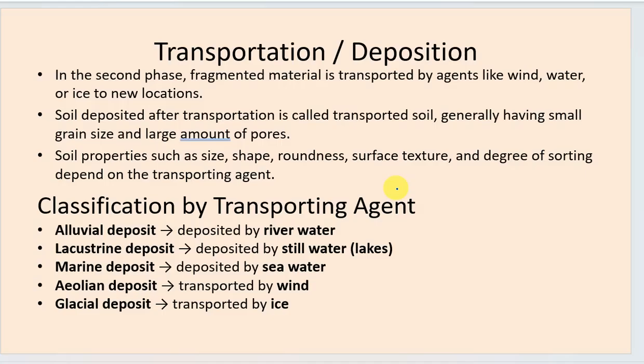So, based on transporting agents, soils are classified as alluvial soil, that means deposited by river water, lacustrine soil, that means deposited by still water, that is lake water, marine soil, that is deposited by sea water, aeolian soil, that means transported by winds, and glacial deposits, that means transported by ice.